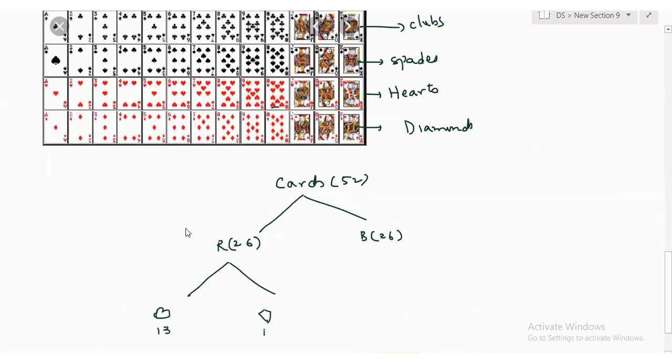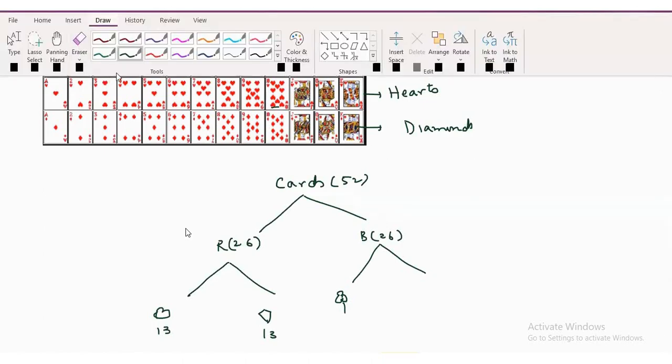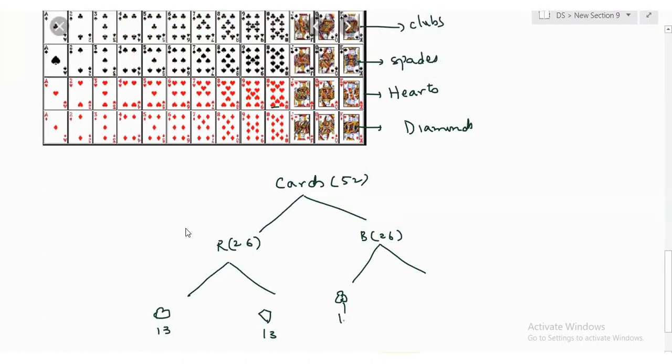Diamonds also 13. This is what? Spades. I'm not good at drawing. Yeah, this is fine. This is also 13. Another one also 13. Any question on this?